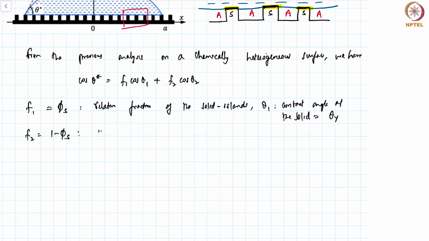This is the relative fraction of the air pockets, and in this case theta 2, the angle for these air pockets, you can simply say is the angle that the interface makes with the air pocket, which is basically 180 degrees.